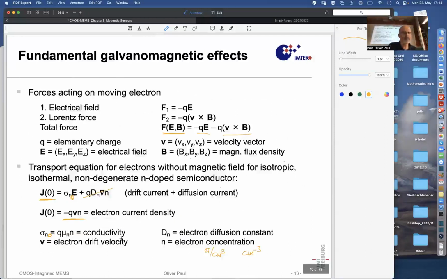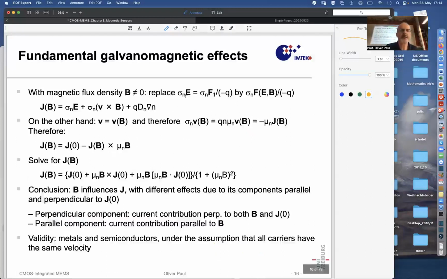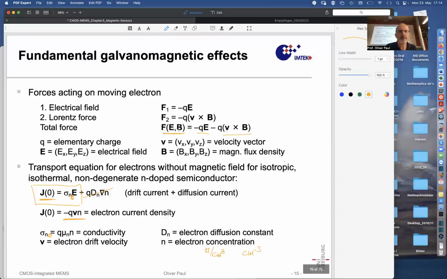So now, if we take this equation here, and now instead of sigma NE, we write, instead of the E up here, due only to F1, we write in what we have here, the F, so this E is F1 over minus Q. And now, wherever E stands, we write F due to E and B divided by minus q.